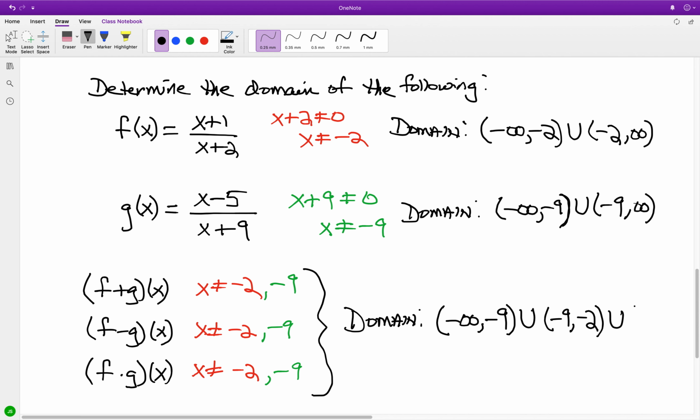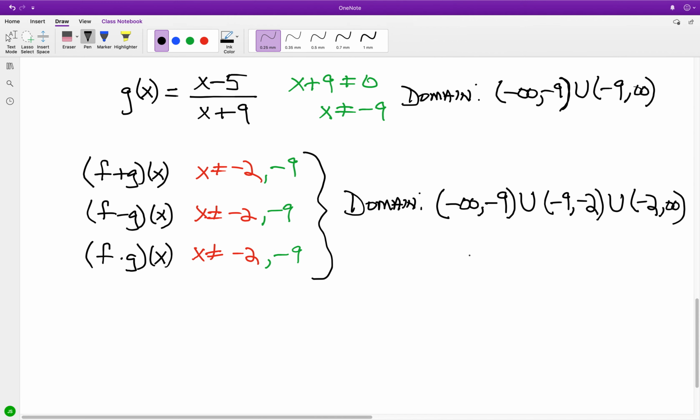And then going past -2 on out to infinity. So for the sum, difference, and product functions, all of these will have the exact same domain, indicated symbolically in interval notation, excluding -9 and -2.